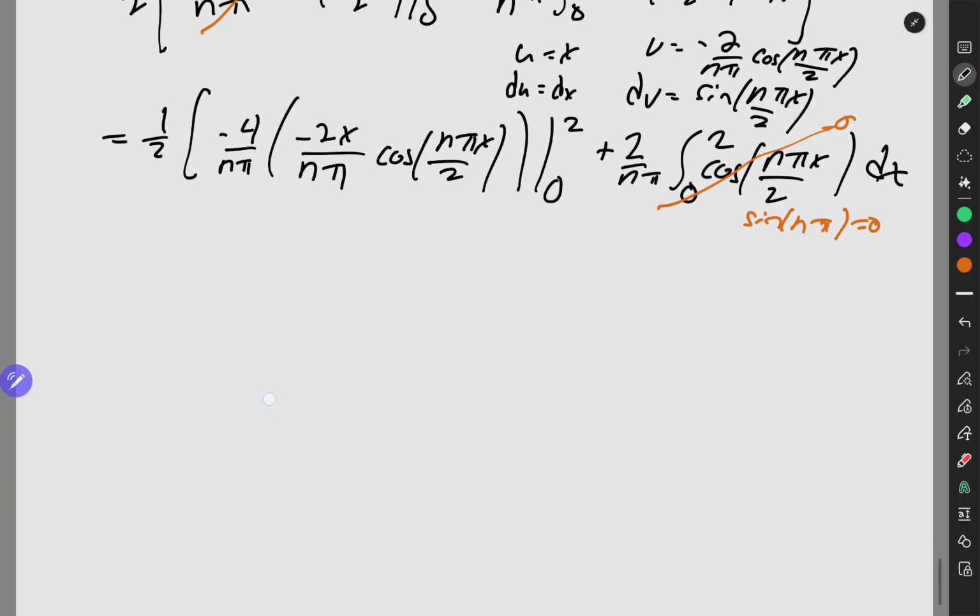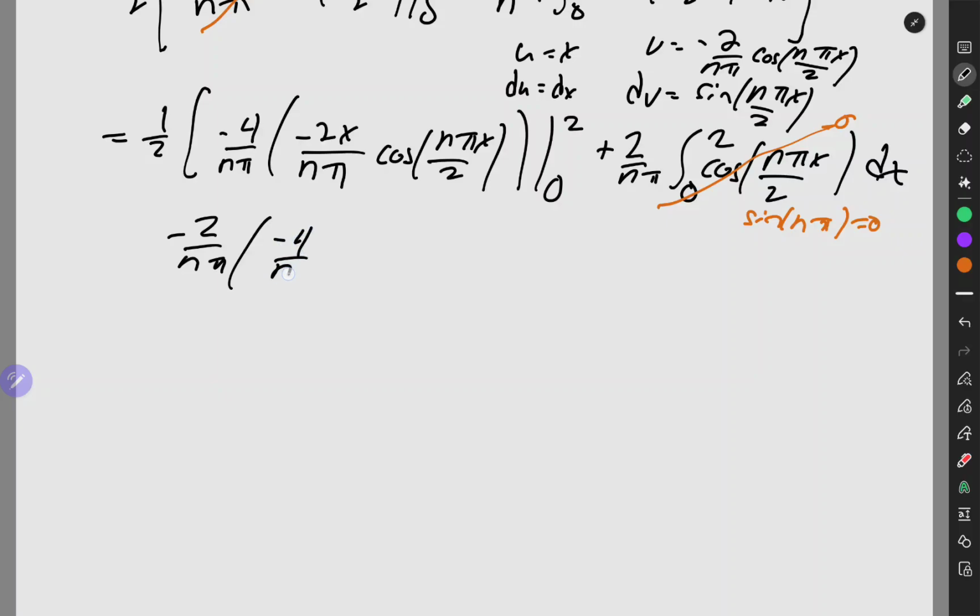So now we're left with this right here. We can distribute that in. This becomes zero, plug in 0, that's just 0. Okay. Oh wow, look at that.